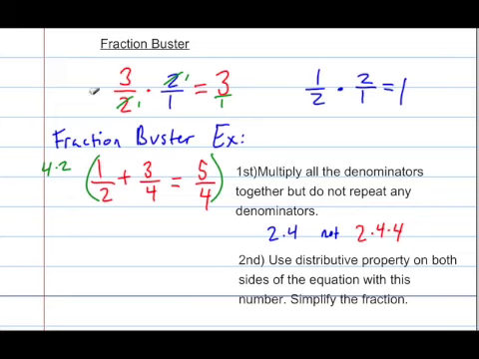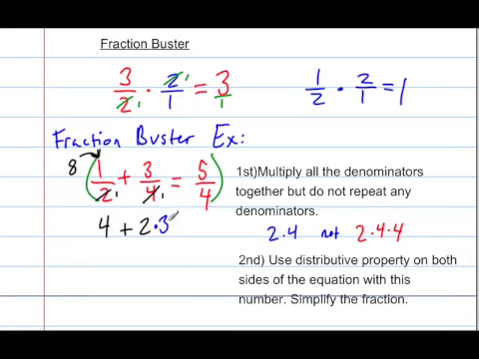So this is going to be 8 times a half, right? 2 goes into 2 once. 2 goes into 8 4 times. Plus 4 goes into 4 once. 4 goes into 8 2 times. And now I have to say times what's up here, 3.